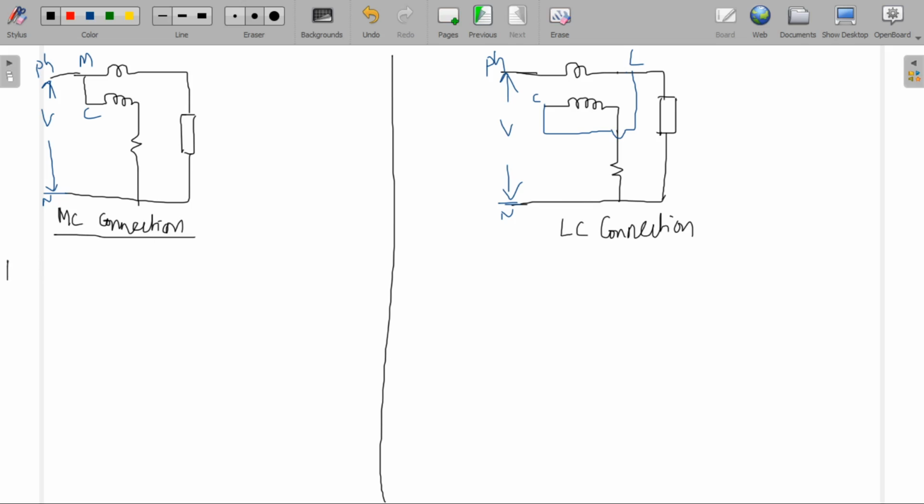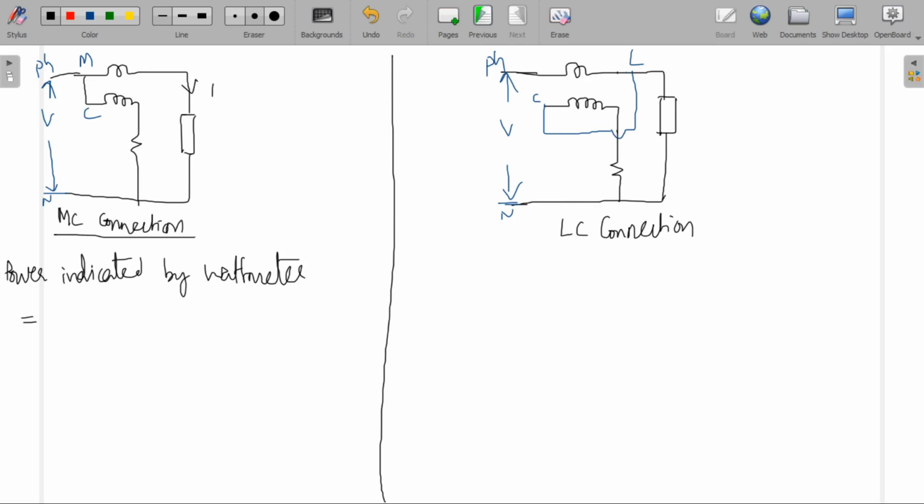Power indicated by the wattmeter is equal to, see here, this pressure coil circuit is connected across the applied voltage. So the voltage across this pressure coil circuit is nothing but the voltage across the current coil plus the voltage across the load.